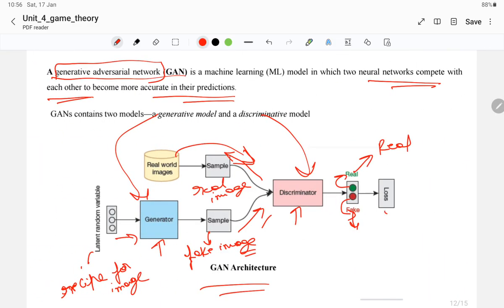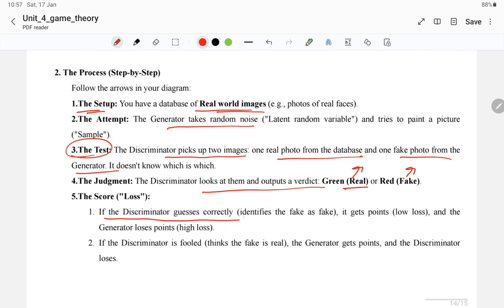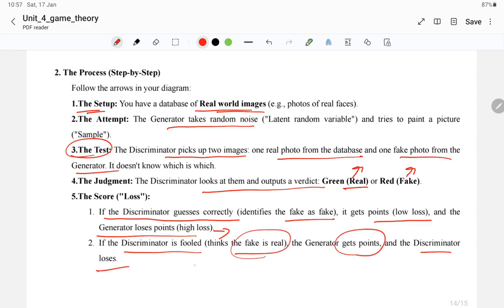If the discriminator guesses correctly and identifies the fake as fake, it gets points, which means low loss, and the generator loses points, which means high loss. That means the generator is not able to deceive the discriminator. If the discriminator is fooled and thinks the fake is real, the generator gets points and the discriminator loses. That means the generator has fooled the discriminator.